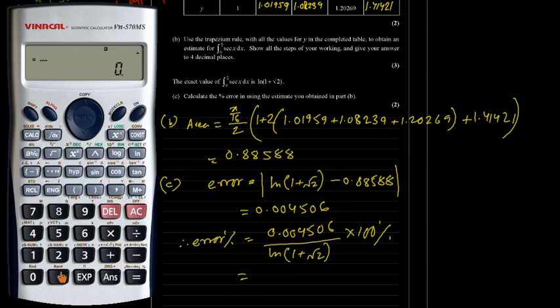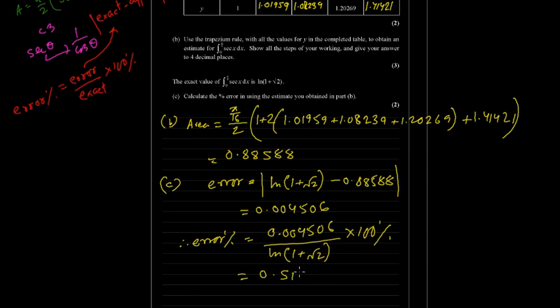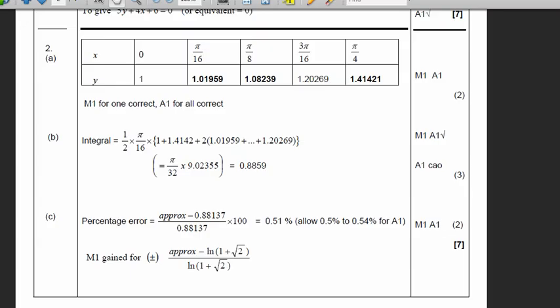Write this, 0.004506 divided by ln of 1 plus square root of 2 bracket closed, this into 100, so 0.511%. So the mark scheme is 2 marks for filling up this table, M1 for 1 correct, A1 for accuracy.